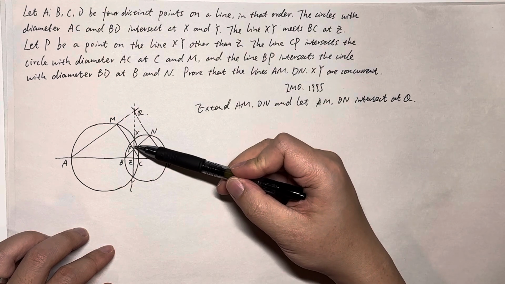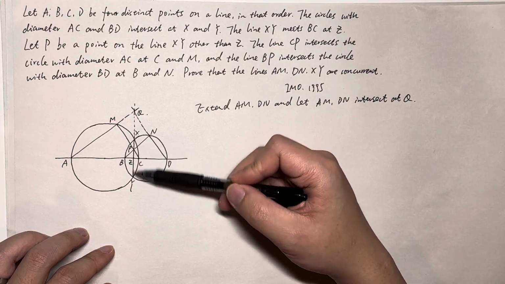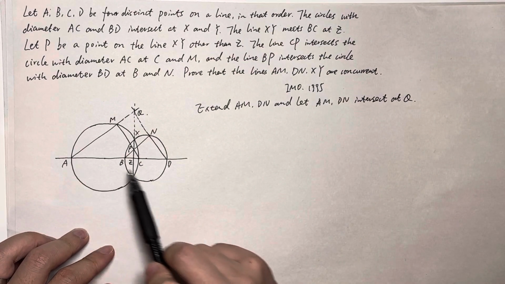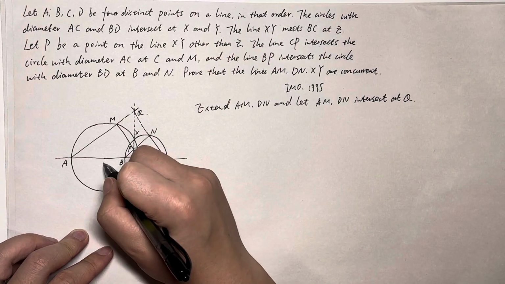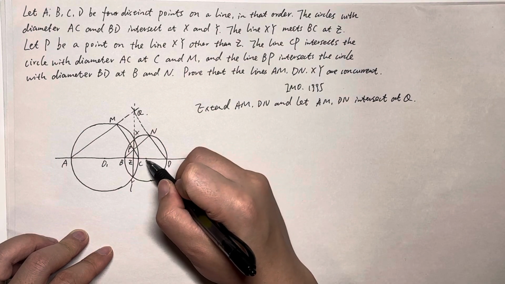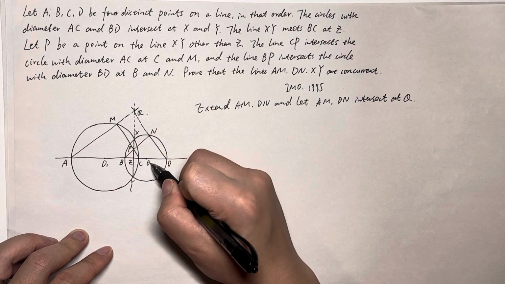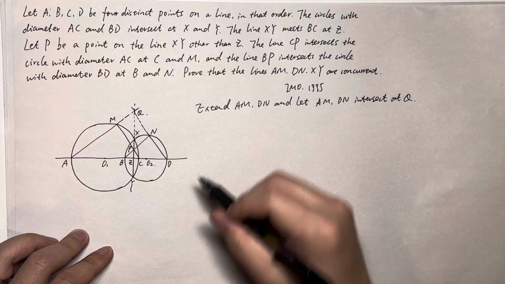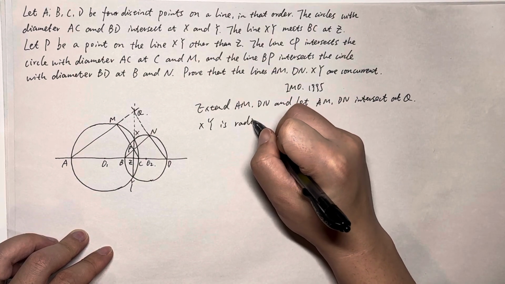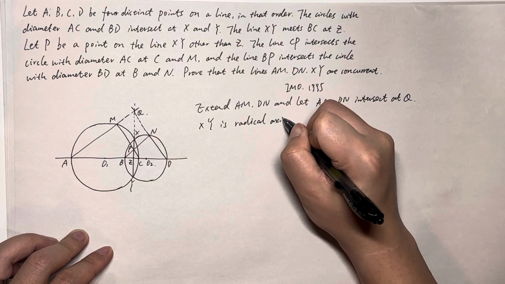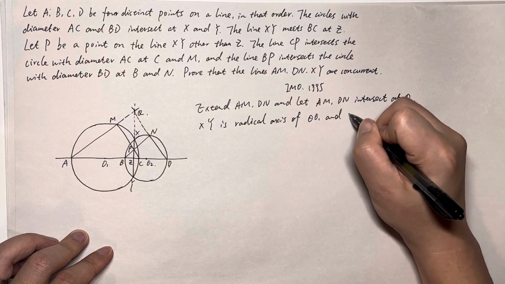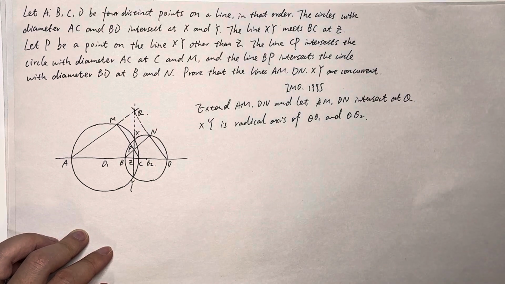So we already know that XY is the radical axis of the circles. Let's call the circle with diameter AC O1, and the circle with diameter BD O2, right? We already know that XY is the radical axis of circle O1 and circle O2.